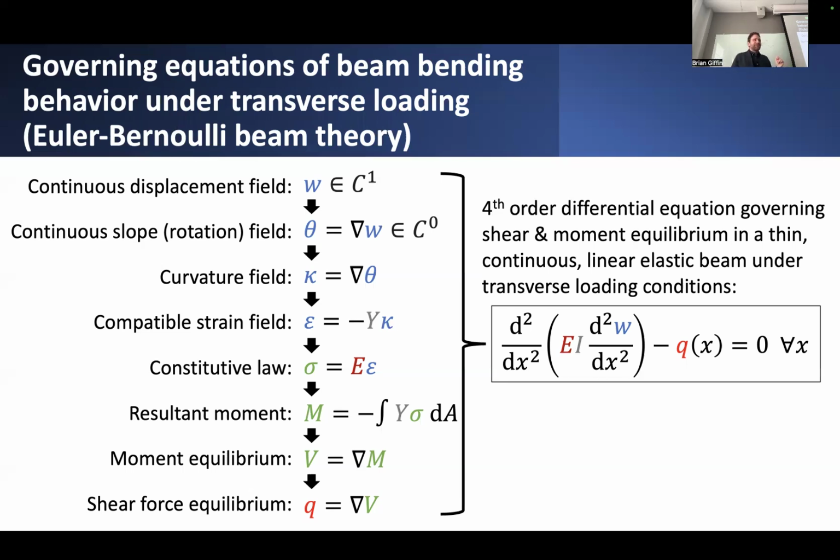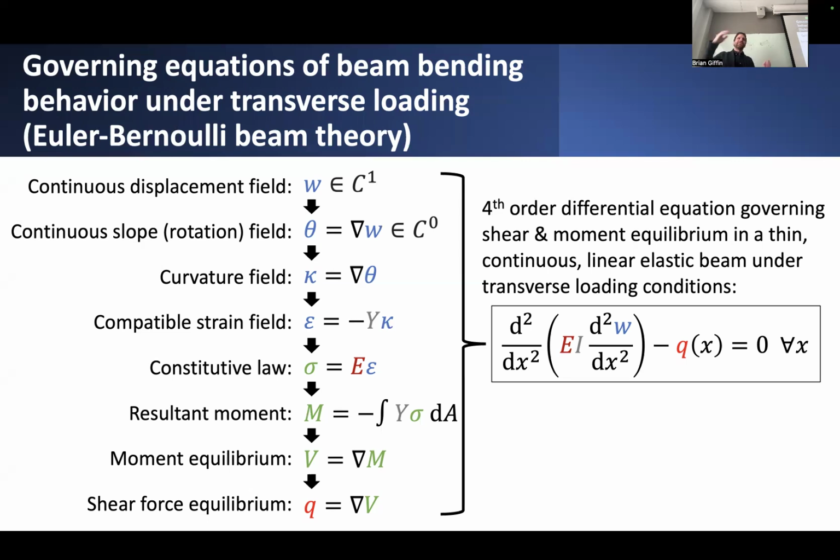From that, we found how the axial strain varies linearly through the section as a function of this bending curvature, kappa.